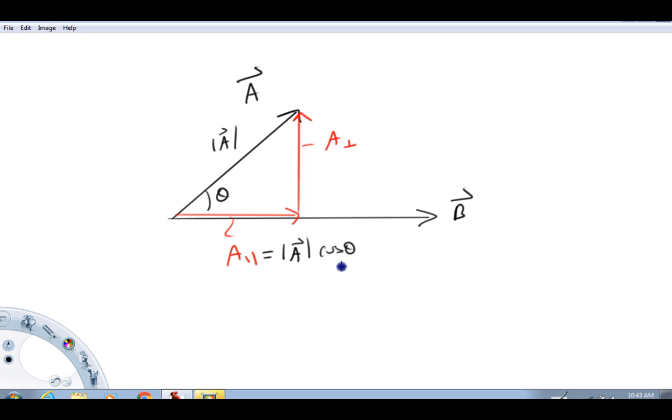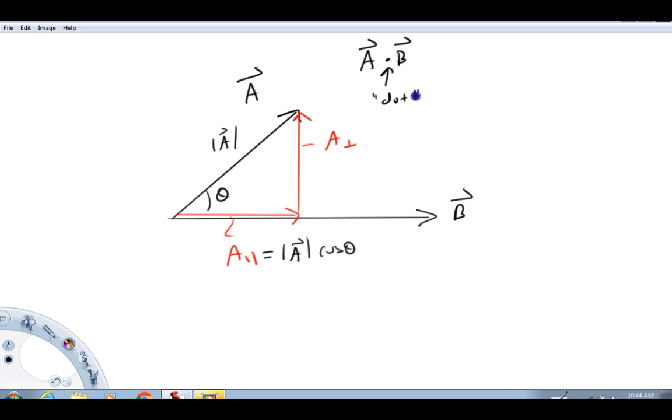Now, in physics there are lots of examples where we need the component of one vector in the direction of another, and then these need to be multiplied, and that's what the dot product is. If I write it out, it's A dot B, and that reads "dot," as opposed to another type of vector operation called a cross product. I'm going to save that for another video.